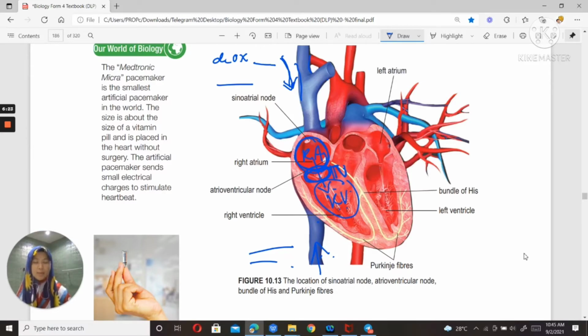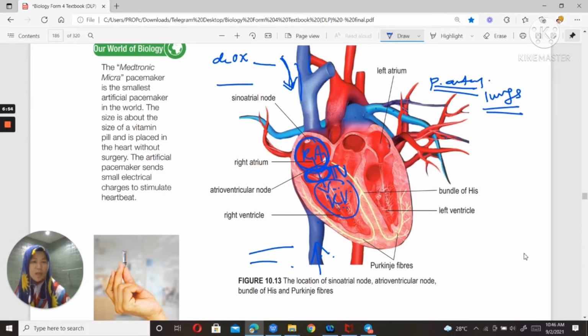Next, the right ventricle will contract so that the blood can be pushed out from the heart through the pulmonary artery. After that, the deoxygenated blood will be transported to the lungs for gases exchange.